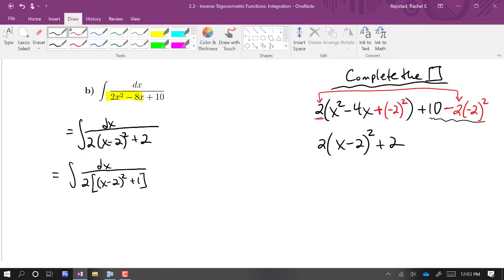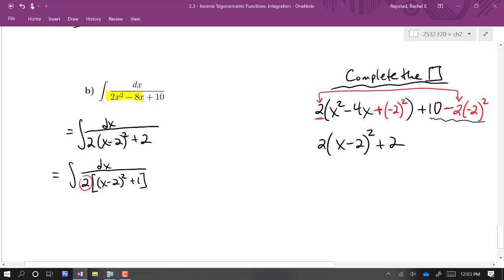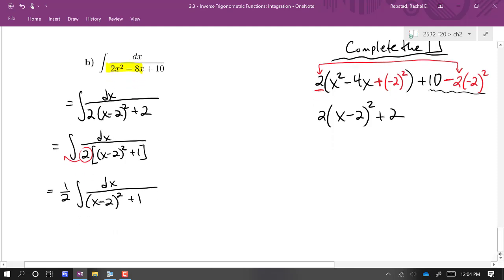And then I'm going to take out this 2. Of course, that 2 being in the bottom means I'm really taking out a factor of 1/2. Now this is an arctan. It's really similar to the last one, actually.